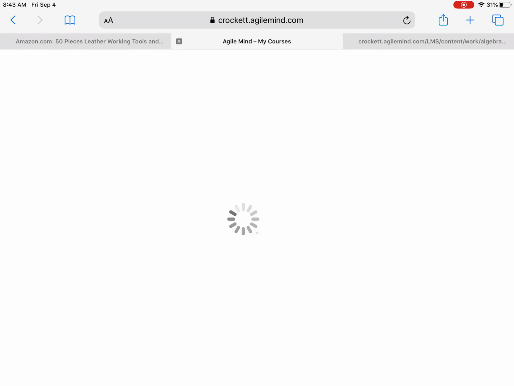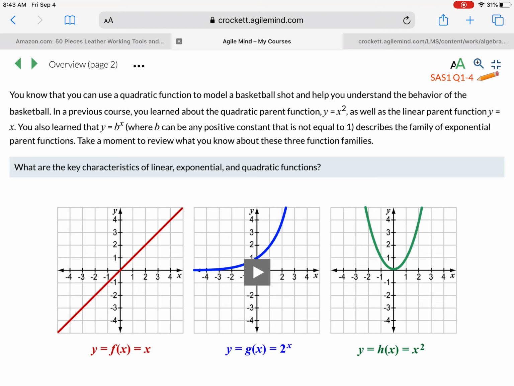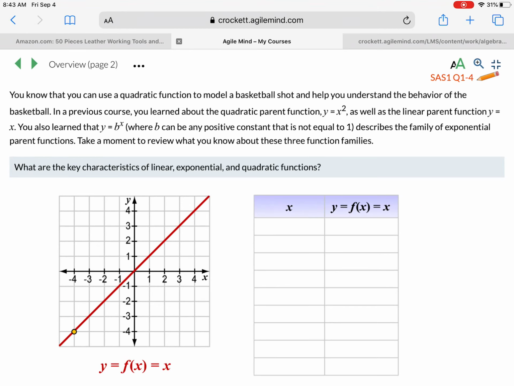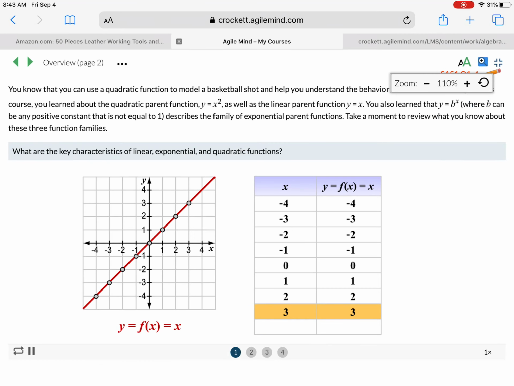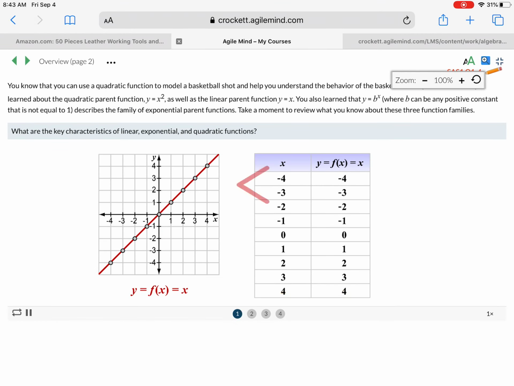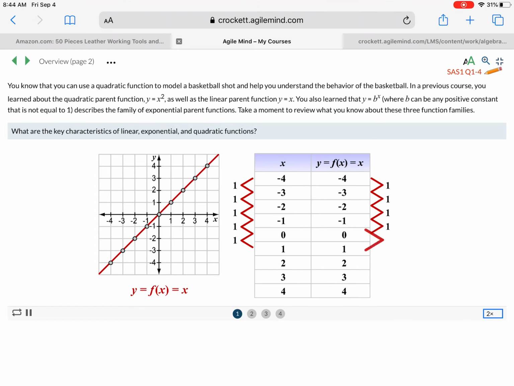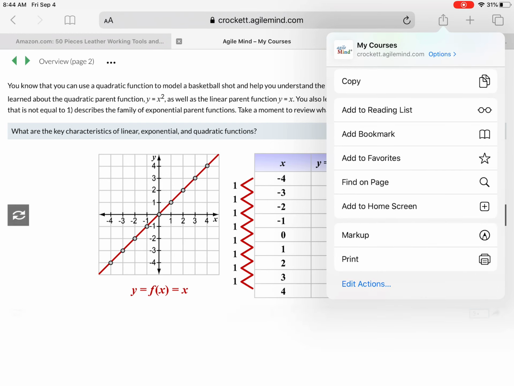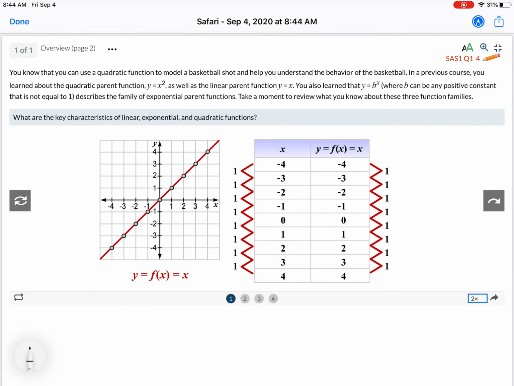So I am going to go over to page 2. All right, and I'm going to hit this play button, okay? So this right here is just going to show you each type of function. All right, so here we have a linear function. We all know what linear functions look like.